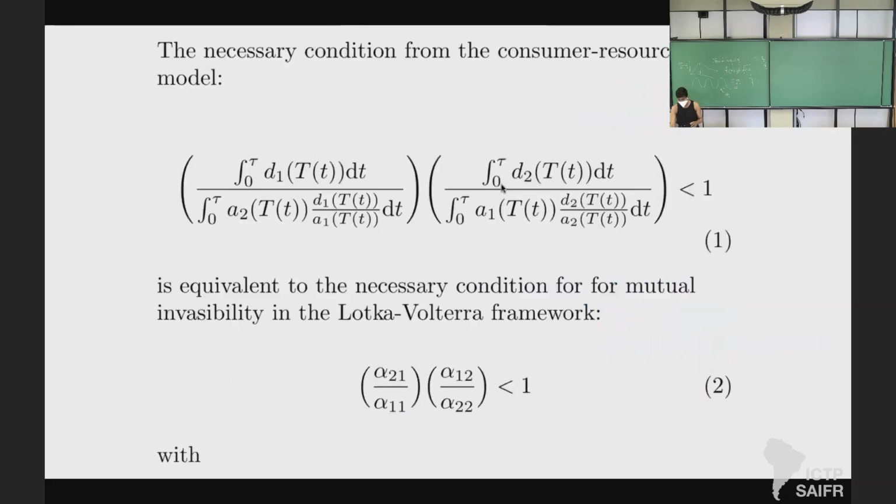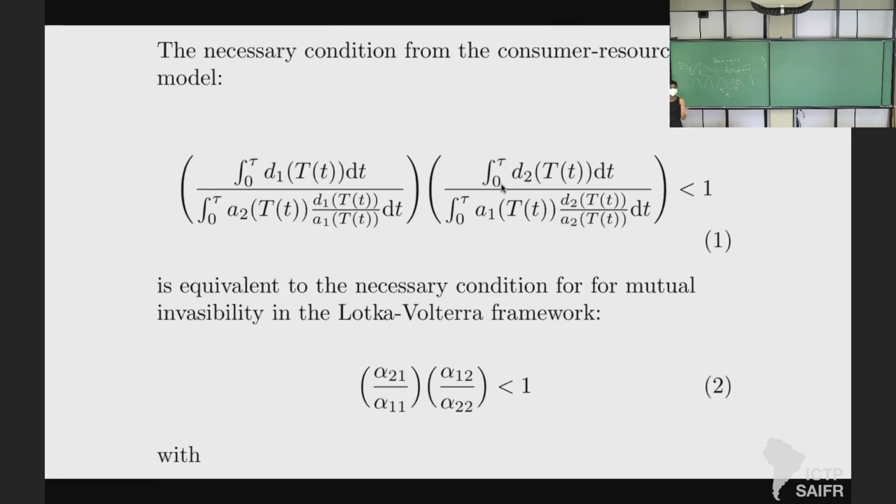So what we have done here is provide a mechanistic description of those elusive alphas that we don't know anything about. All we know is that if alpha ii is less than alpha ij or ji, then there's coexistence. But do we know what the alphas are?